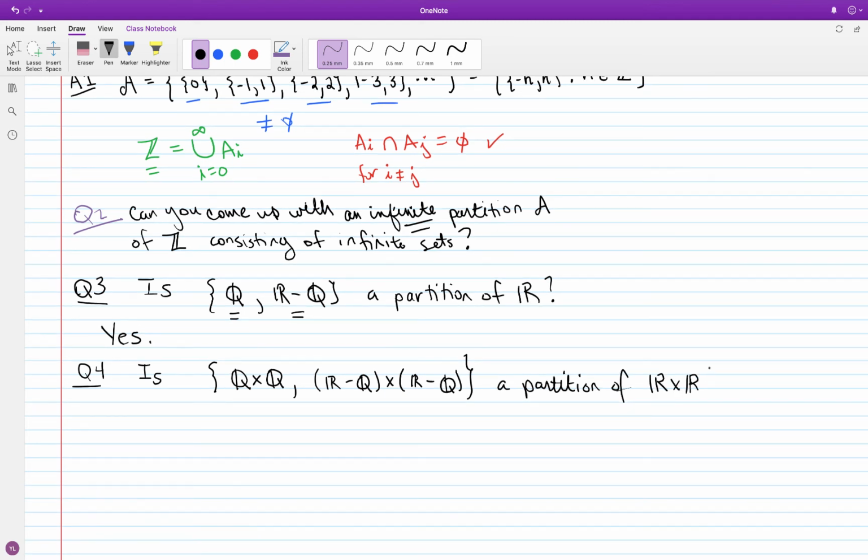So just a discussion of what each of these sets are. This is the collection of ordered pairs of real numbers. This, as I mentioned, is the collection of ordered pairs of rational numbers. And then this is the collection of ordered pairs of irrational numbers.